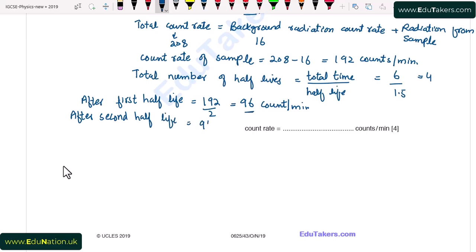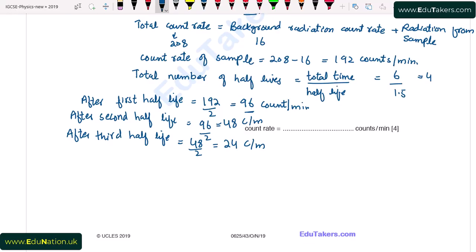So I write here 96 divided by 2, it will be equal to 48 counts per minute. When the third half-life passes, it will be 48 divided by 2, which is equal to 24 counts per minute.